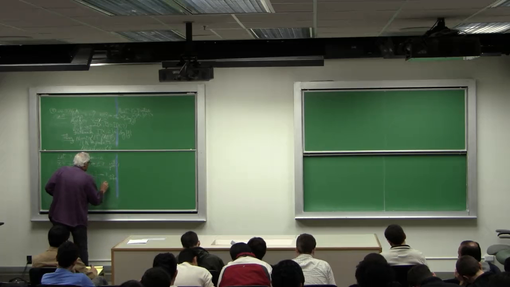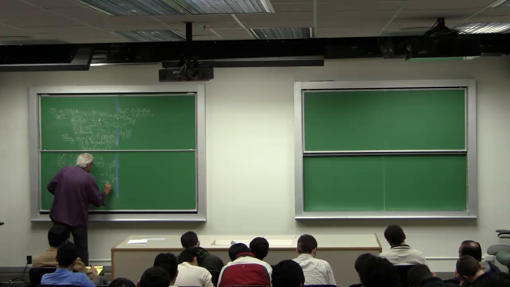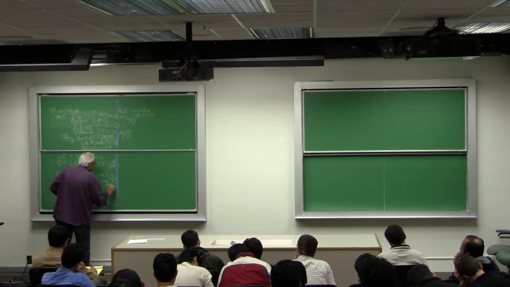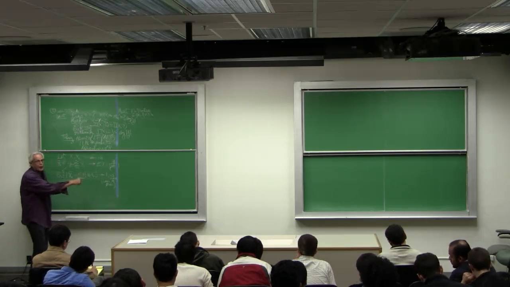And this is called convergence in probability. That is, the probability you're epsilon away goes to 0.